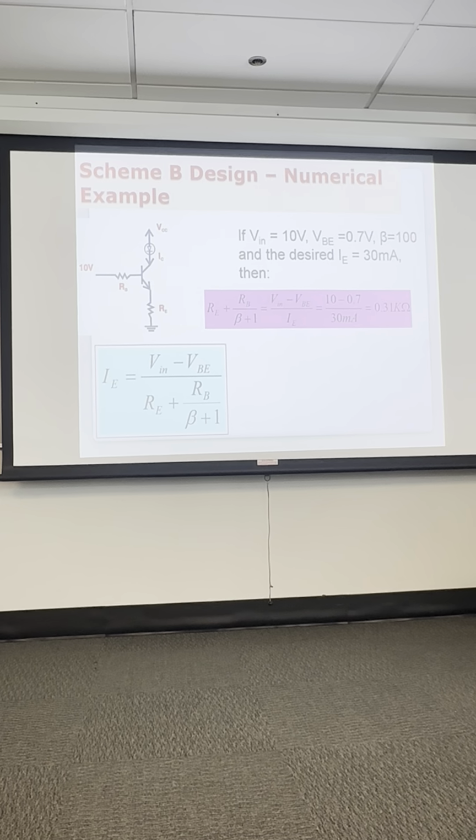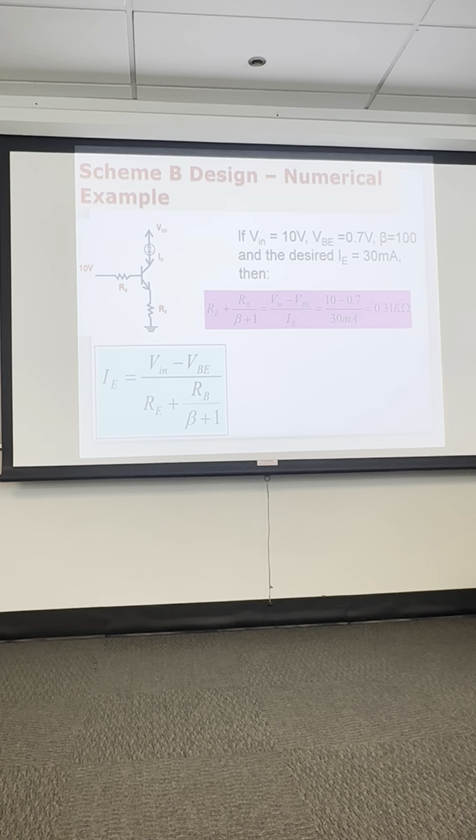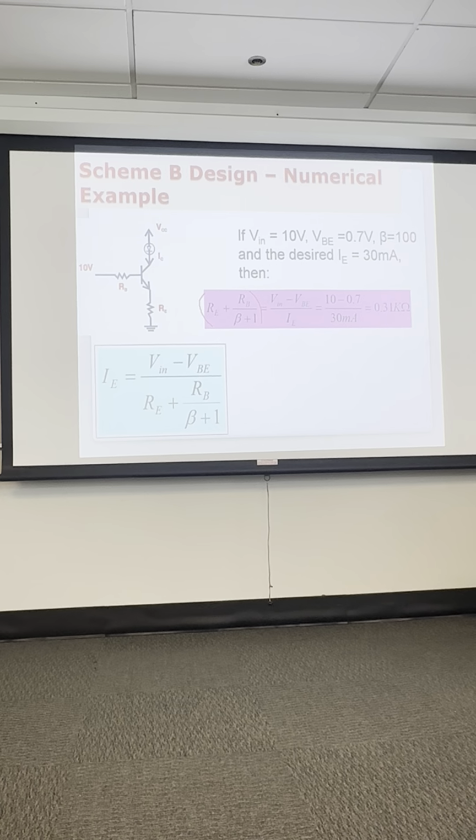So here's the same problem as before. I sub E is 30 milliamp. And if we solve this based on I sub E only, we come up with this formula equal to 0.31 K ohm itself.